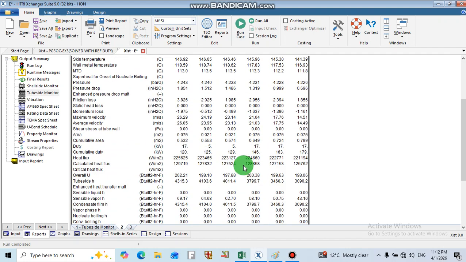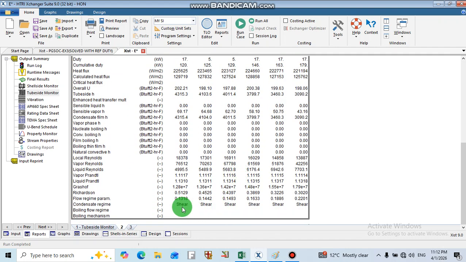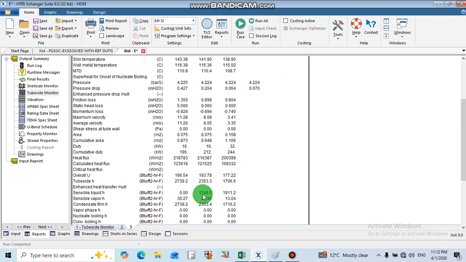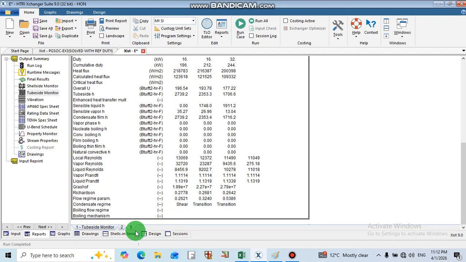For the second page, just scroll down and watch the result. We have shear flow that is totally acceptable hydraulically, and for the last page, the third page, we have transition and shear, which is hydraulically acceptable from the process point of view.